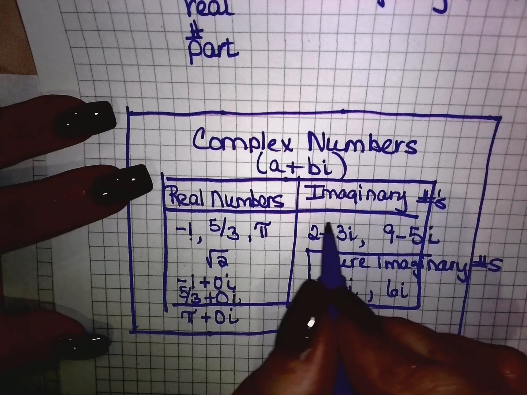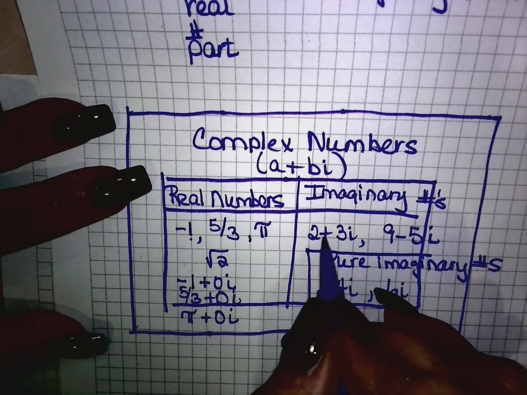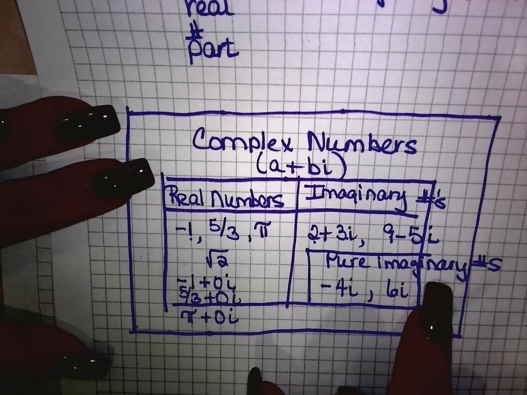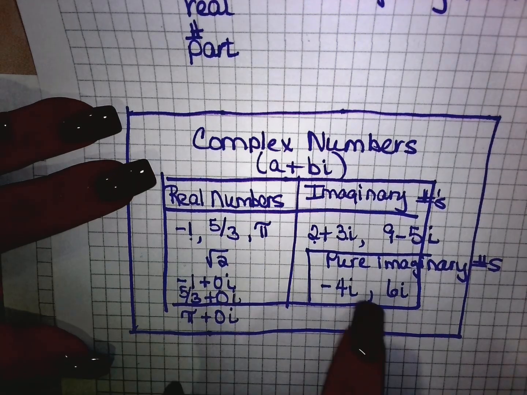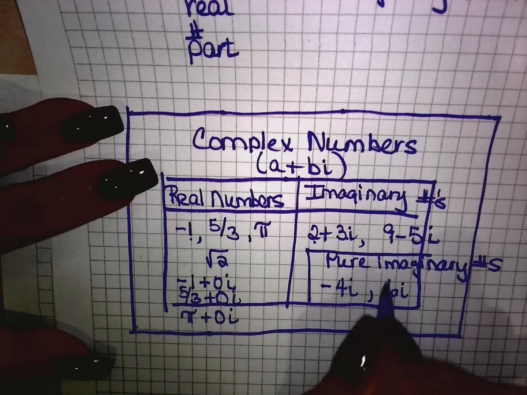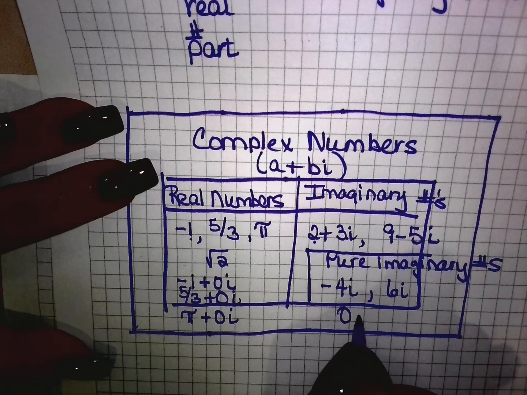For imaginary numbers, you have an a and a b. And for pure imaginary numbers, your a is not there, so it's going to be 0. So the number -4i written as a complex number would be 0 minus 4i.